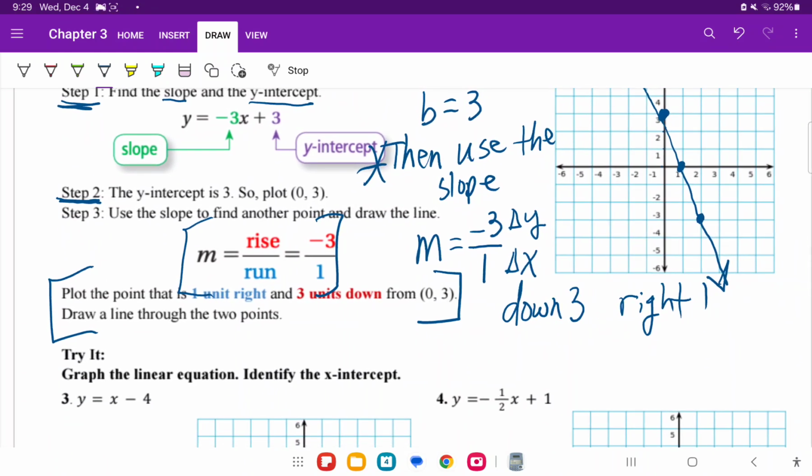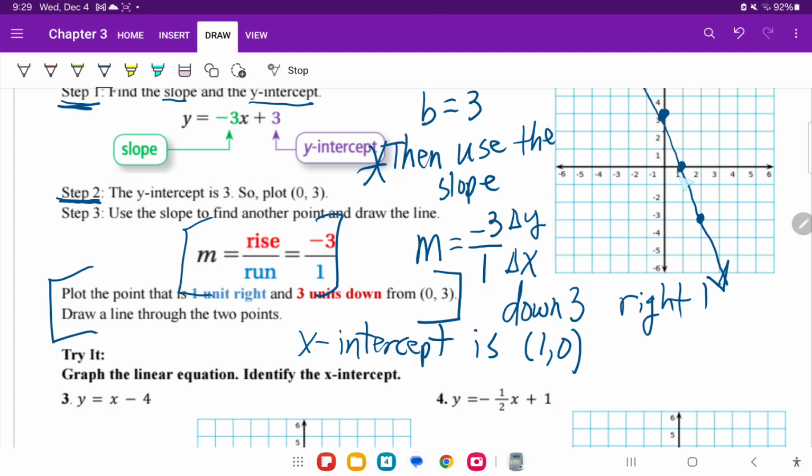Now, the question is, what is the x-intercept? So in this case, the x-intercept is right here, 1, 0.